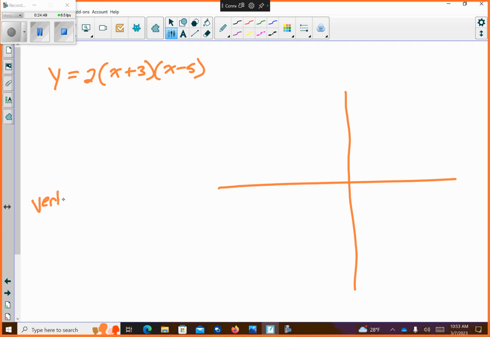I know the roots as long as you realize it's opposite, right? Okay, this is going to give me negative 3, 0. Notice it's opposite. So that's a root. Do the opposite of this, I get 5, 0.